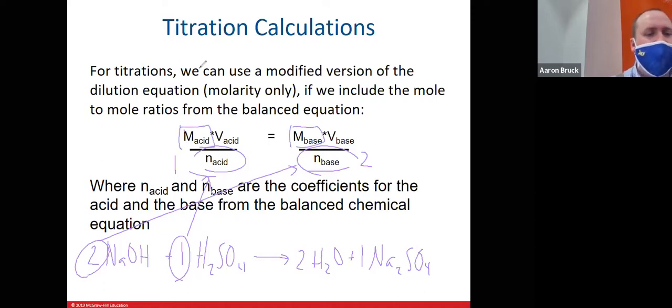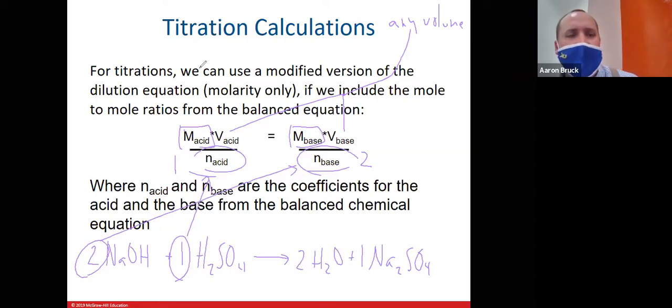These have to be molarity, but like the dilution equation, we can use any volume unit for V. More often than not, when we're doing our titrations, we're going to be using milliliters because we do titrations with relatively small amounts of these liquids.